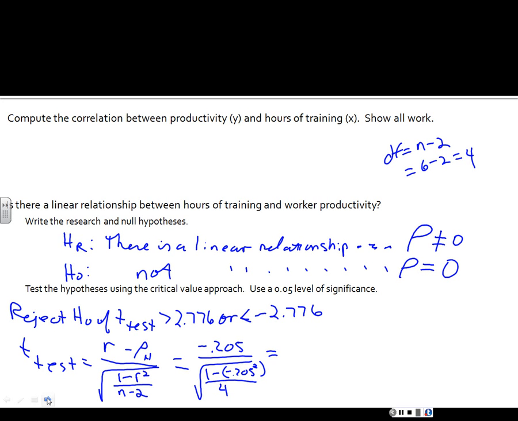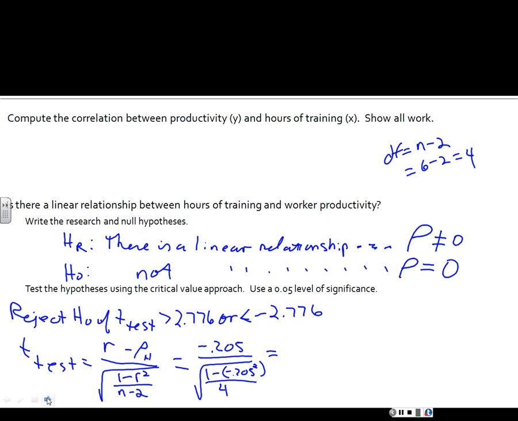What are you getting for that? Negative 0.206. Yeah, let's try this again. We're getting different numbers, and we're both getting different from what the calculator says. So minus 0.205 divided by, I think I know what I did. Second, square root. It opens one parenthesis. We need to open another one.